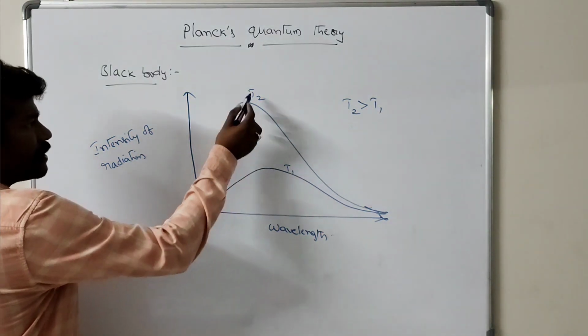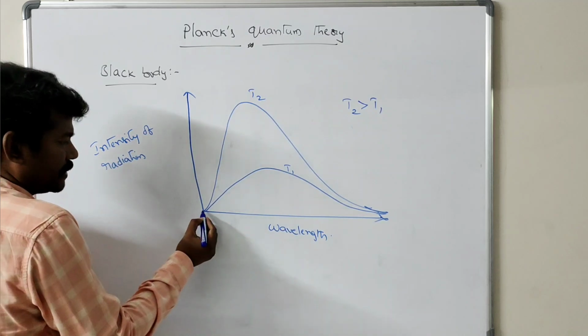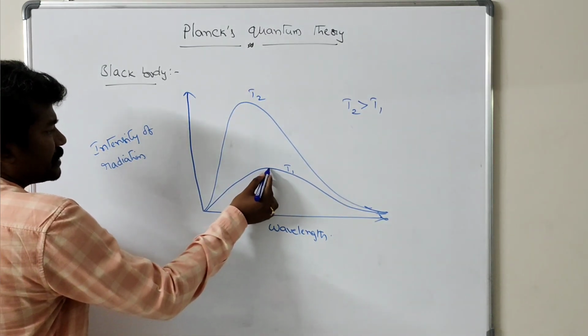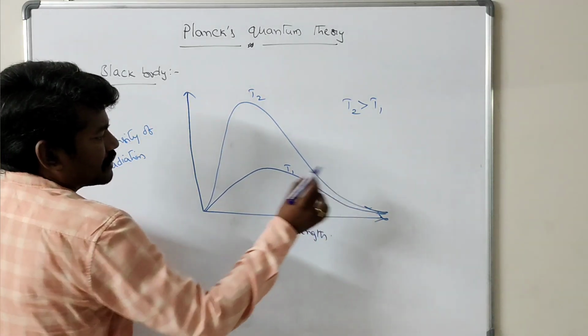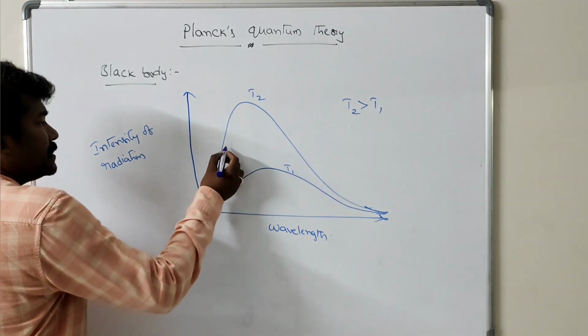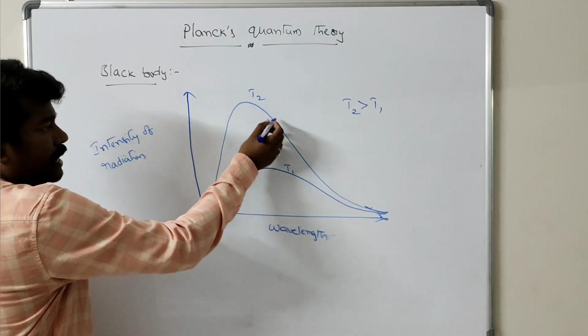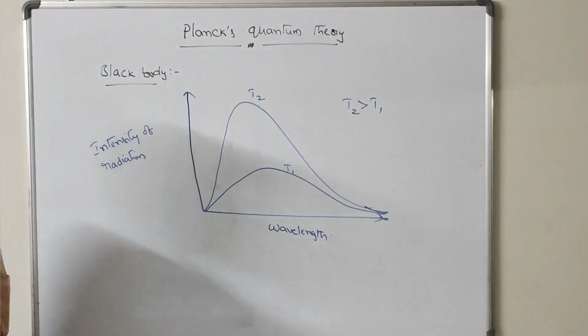At any temperature, the intensity of the light radiation increases and reaches the maximum point with the wavelength and then decreases. Here also at T2 temperature, the intensity increases and reaches the maximum peak and then decreases. This is the first point we have to learn from this graph.